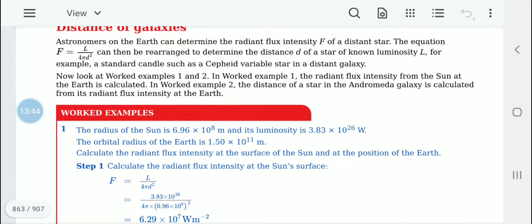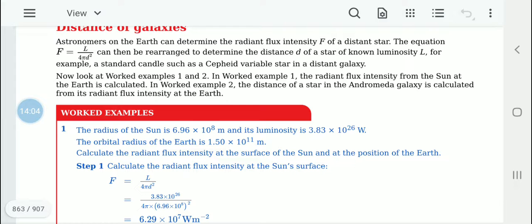Now, using this radiant flux intensity that reaches the Earth, we can use F equals L upon 4 pi d squared, and then we can determine the distance d by rearranging the equation if the luminosity L is known.